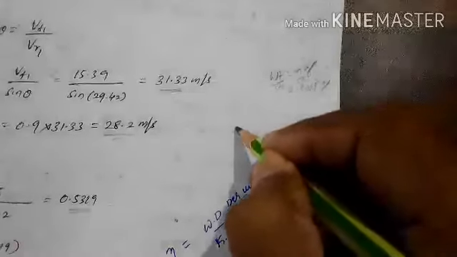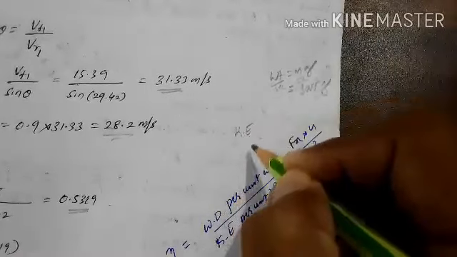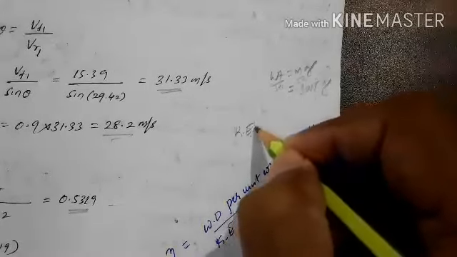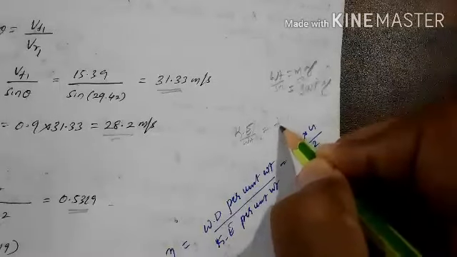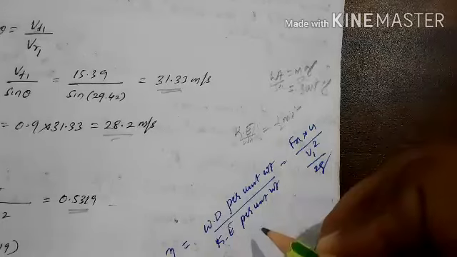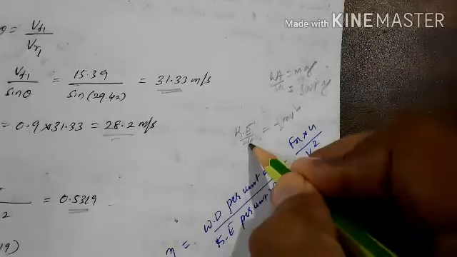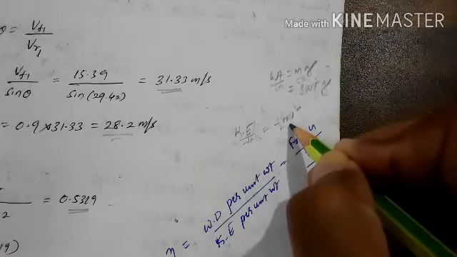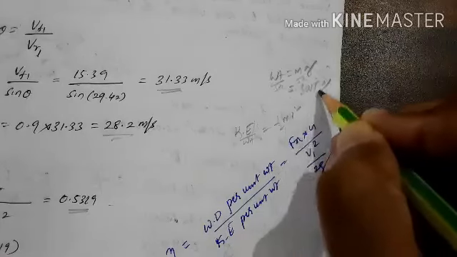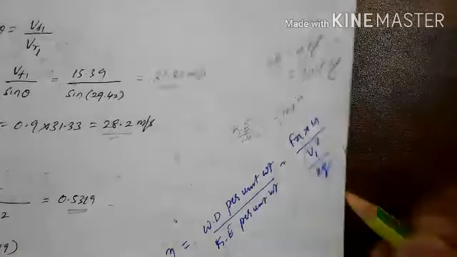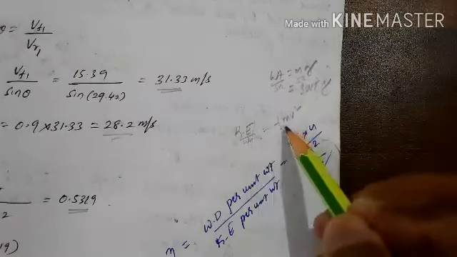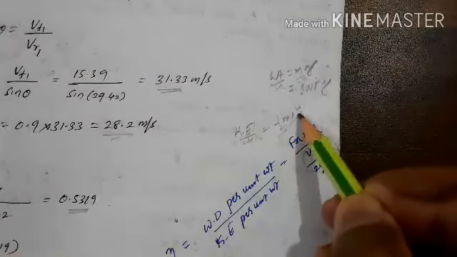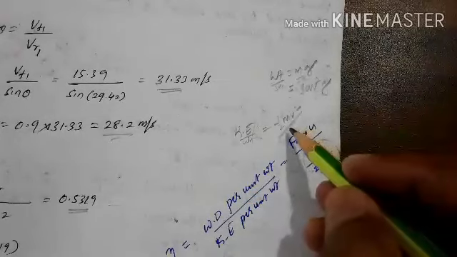But kinetic energy per unit weight. Kinetic energy per second per unit weight. When you write half m v square, but per unit weight, you divide this one and you will get this.